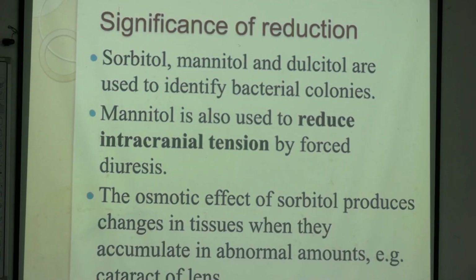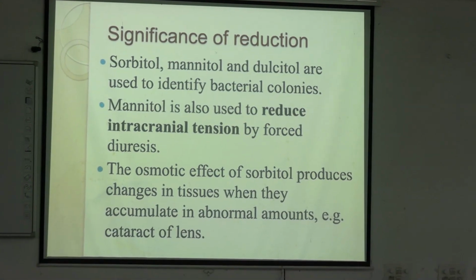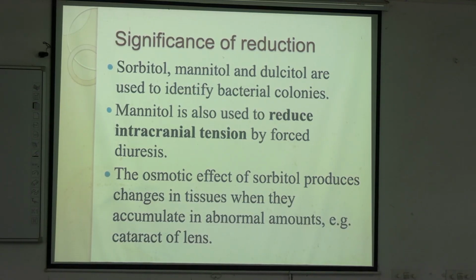Right? Now, what is the significance? These alcohol compounds have a higher osmotic effect. So they tend to absorb or retain the water. All the reduction products, that is sorbitol, mannitol, and dulcitol, which is the reduction product of galactose, have a higher osmotic effect on the body and tend to accumulate water with them.